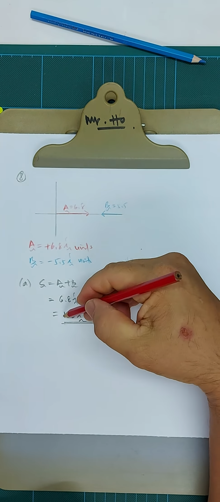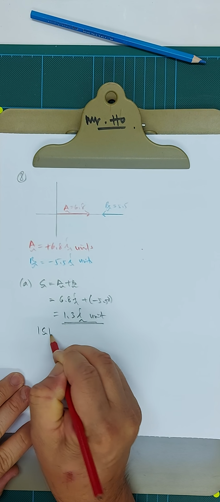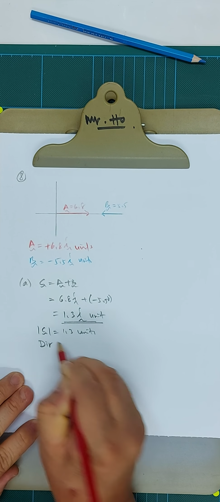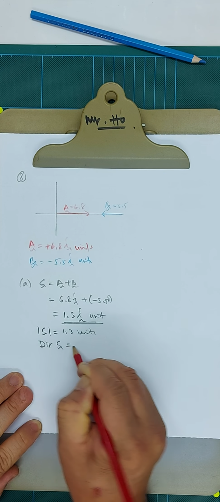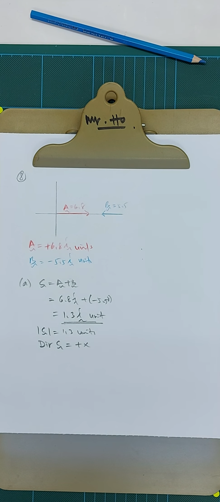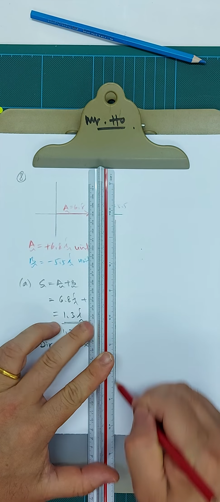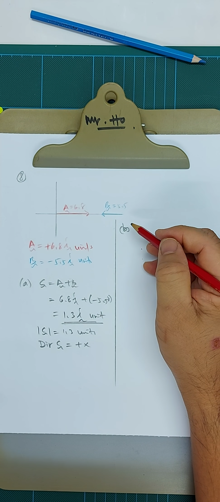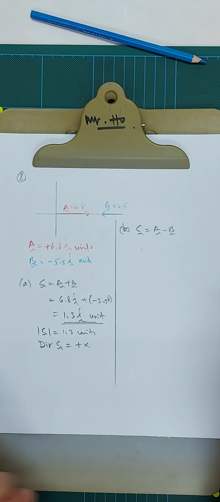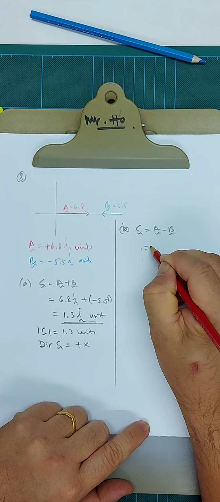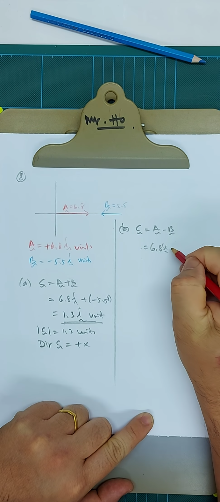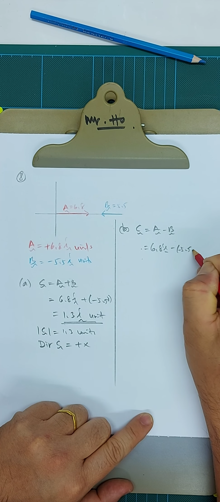What is the direction? The magnitude is 1.3 units, and the direction of our C is the positive x direction because it is positive i. Next one, part B: C is equal to A minus B. So we put in A, 6.8 i, minus negative 5.5 i.